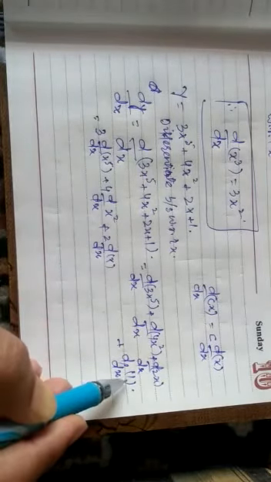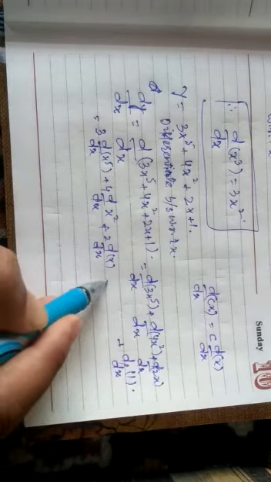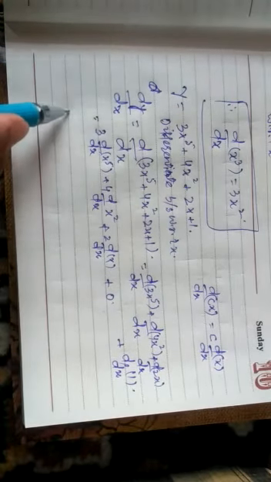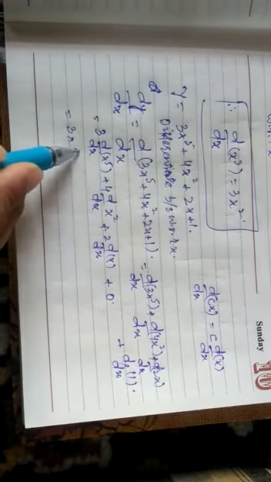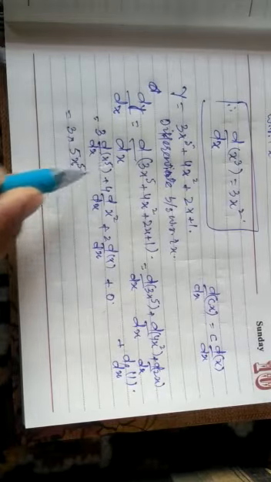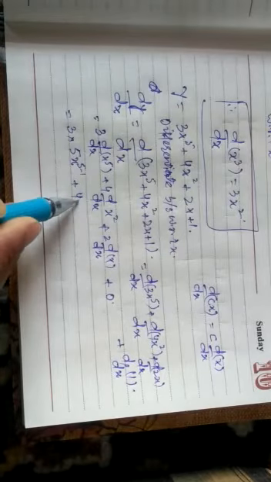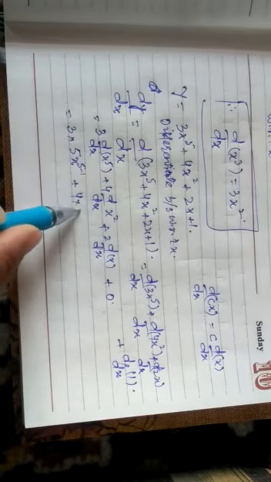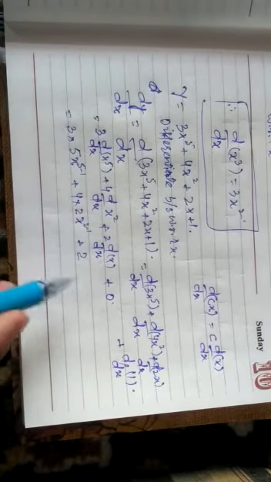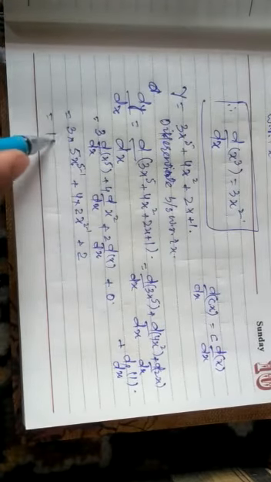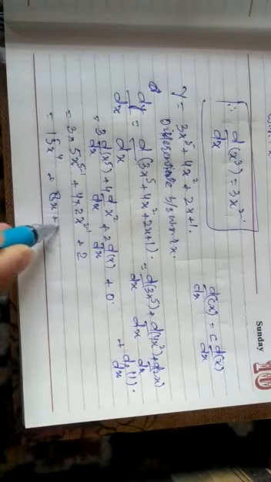Here it's only 1, a constant, so its differentiation is 0. Now it will be 3 into nx raised to power n minus 1, where n here is 5: 5x raised to 5 minus 1. Plus 4 into 2 comes forward, x raised to 2 minus 1. Plus 2, because d by dx of x is 1. So it will simply be 15x raised to power 4 plus 8x plus 2.